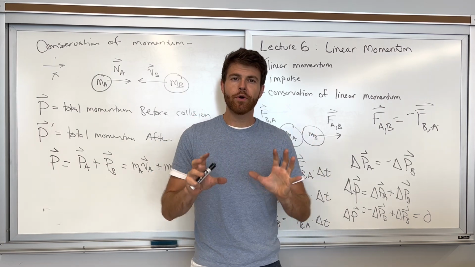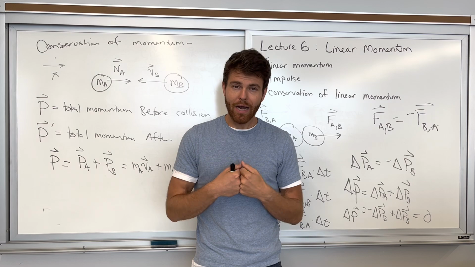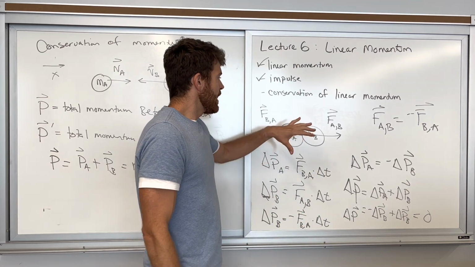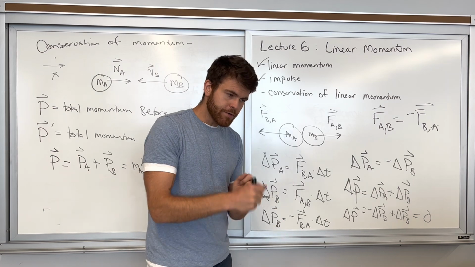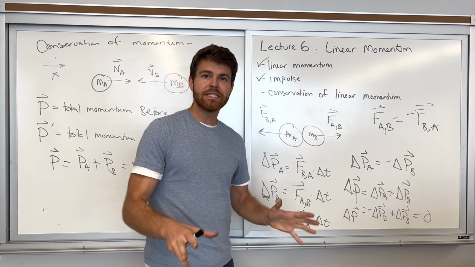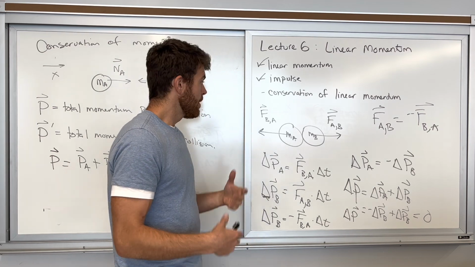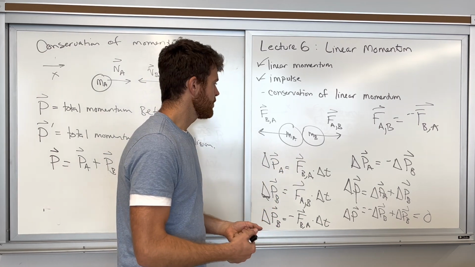This is always going to happen whenever objects collide with each other because of Newton's third law. So within the system, forces exerted on objects within the system will not change the total momentum of the system by virtue of Newton's third law.